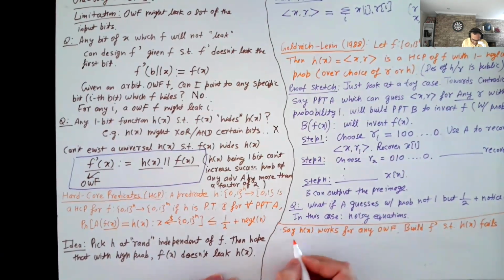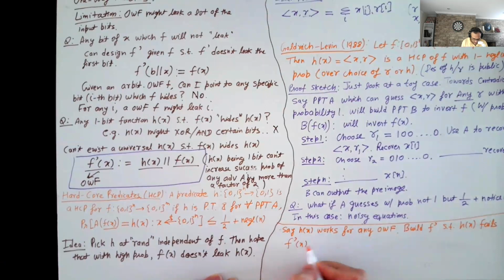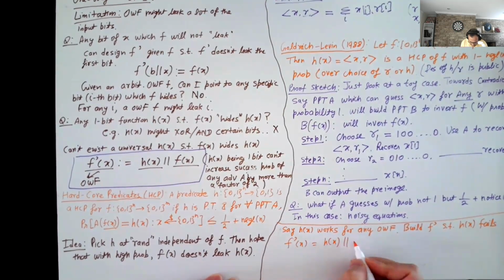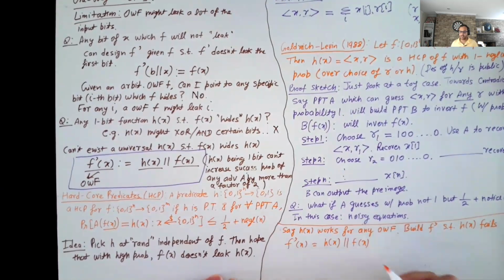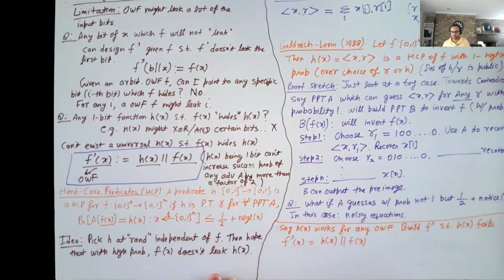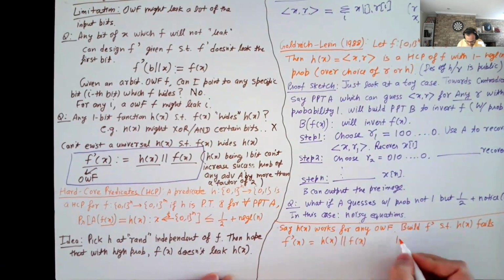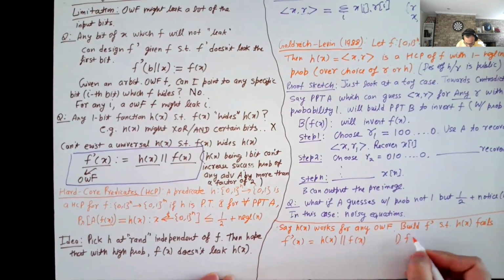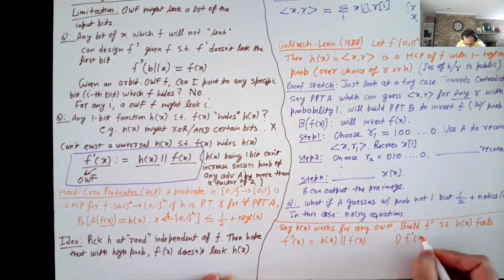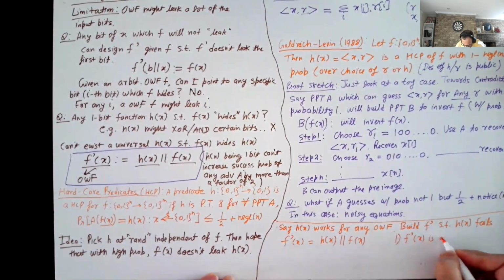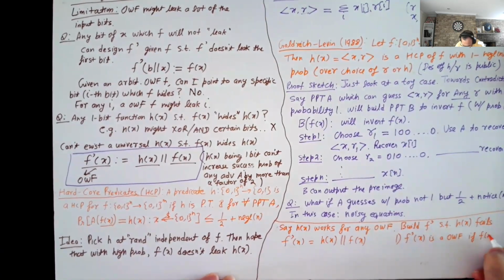And how does f prime work? f prime of x equals just h of x concatenated with f of x, where f is any other generic one-way function. So there are two steps now. Step 1, we have to convince ourselves that f prime of x is a one-way function if f of x is.